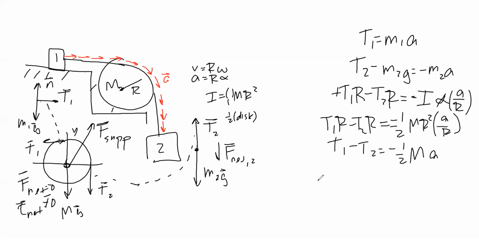So with all of that, we can substitute for T1 and T2 to solve for our acceleration. And hopefully our acceleration is something similar to what we just got. So I'm going to delete everything and rewrite those equations. So we have T1 equals M1A.